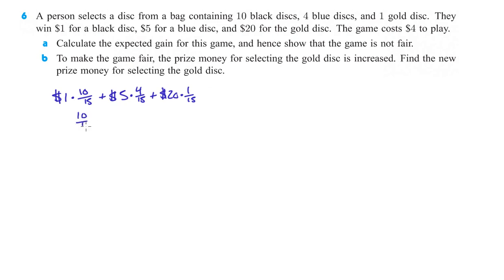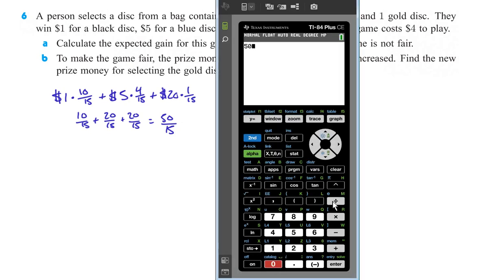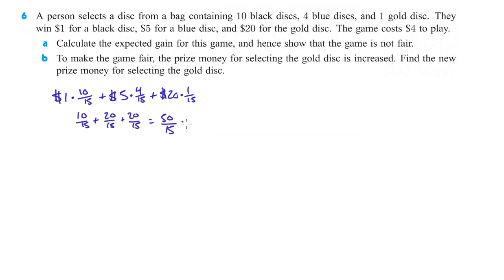So that's 10/15ths. 5 times 4 is 20 over 15. 20 times 1 is also 20 over 15. So we add those all up, and that's 50 over 15. So 50 divided by 15 gives us $3.33.